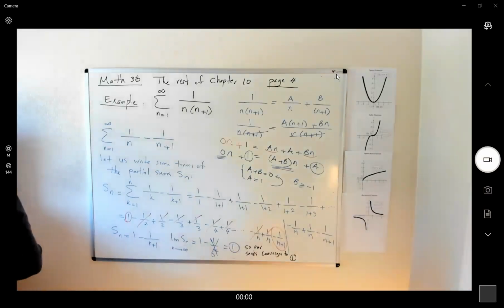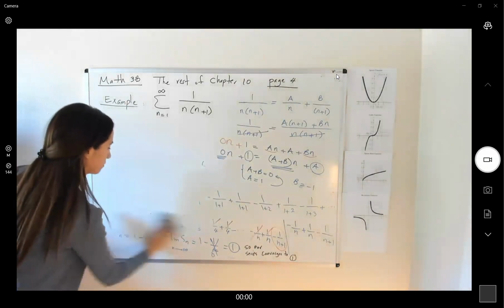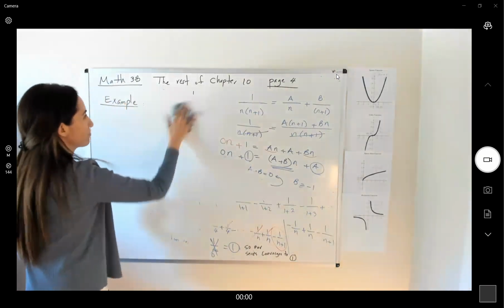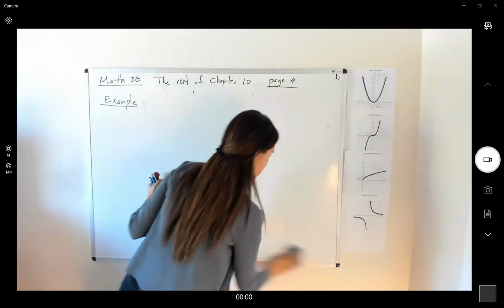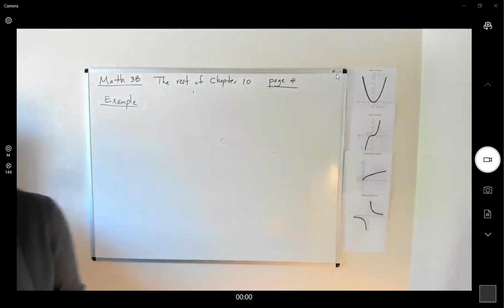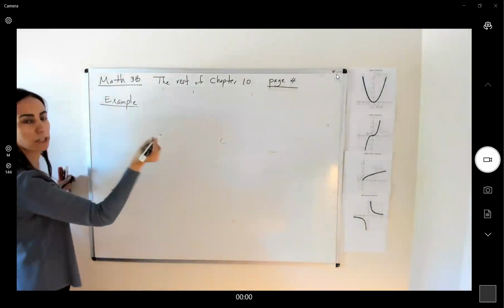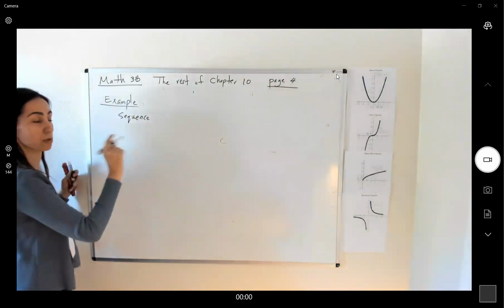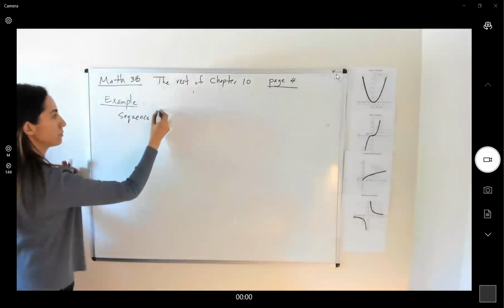Let's move on to the next important series. We call this series the harmonic series. First of all, remember the sequence. This is an important example, guys. Suppose you have your sequence 1 over n.